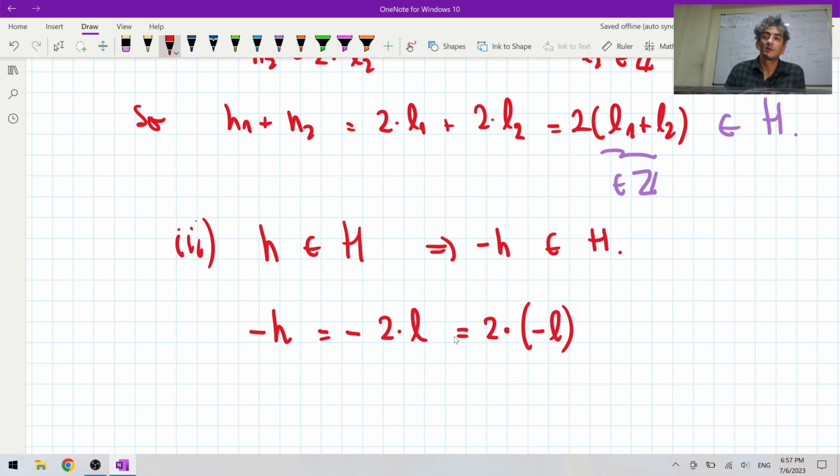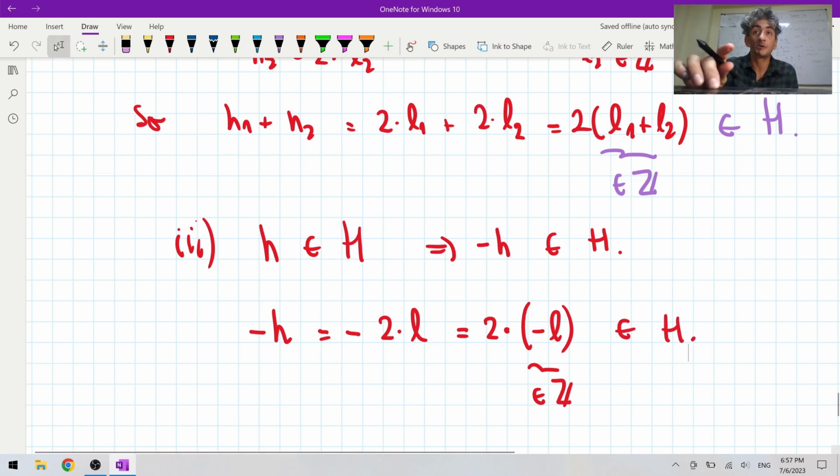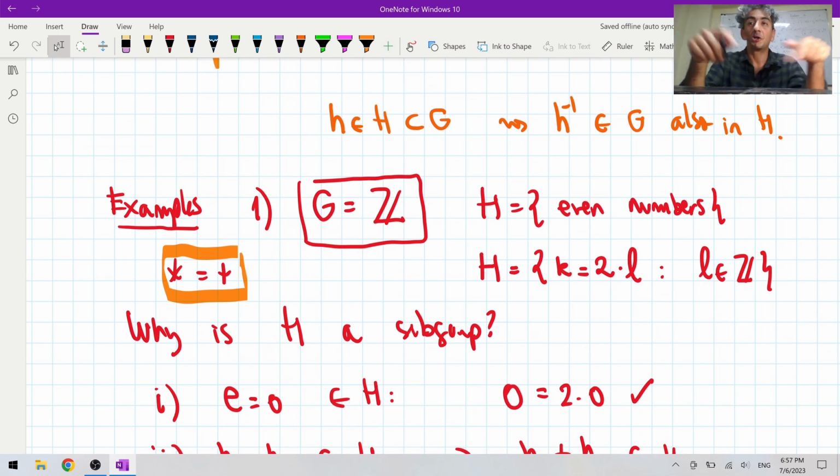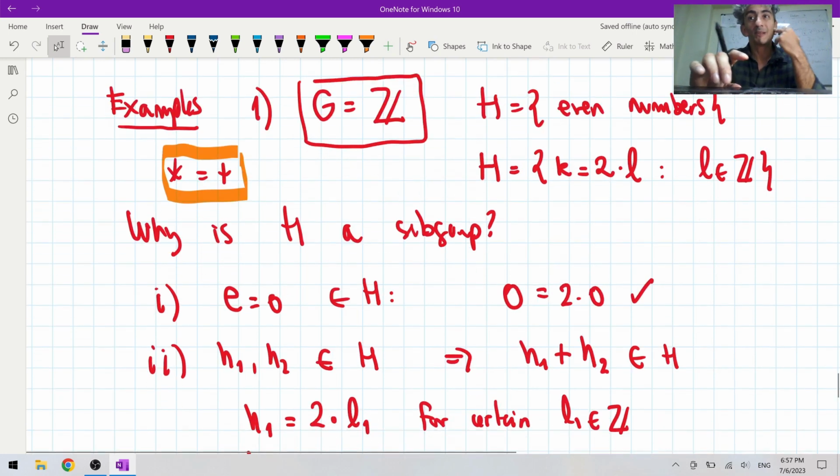And since this belongs to Z, this belongs to H. Okay, so actually H is a subgroup of the integers. So we have shown that this is a subgroup of a commutative group, an infinite commutative group. So basically we have three things to check.